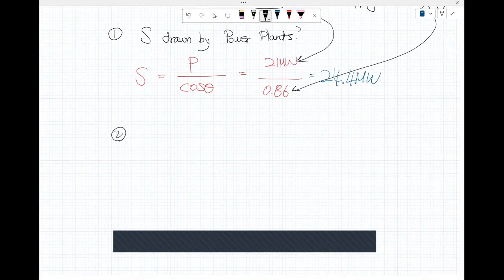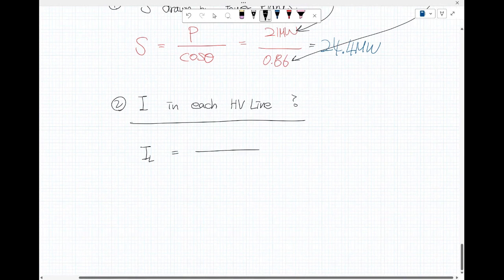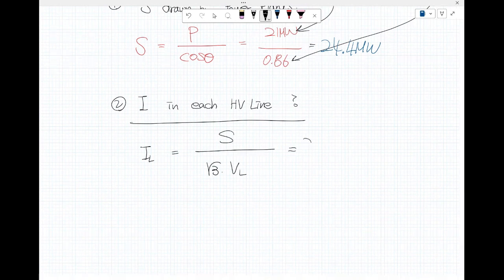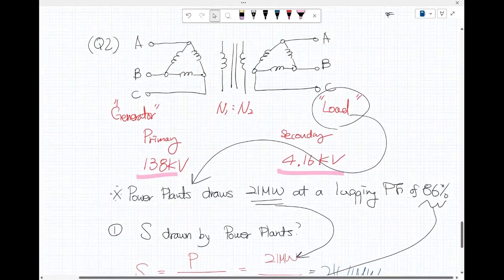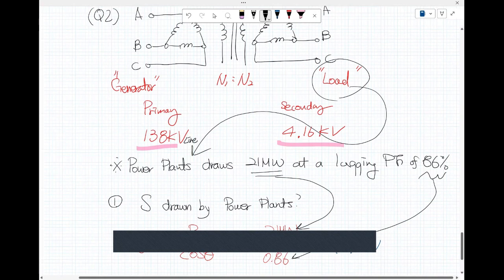What is the current in each high voltage line? That is the line current, three phase. I sub L equals S over 3 times line voltage, where S is 24.4 megavolt-amps. Just the line.